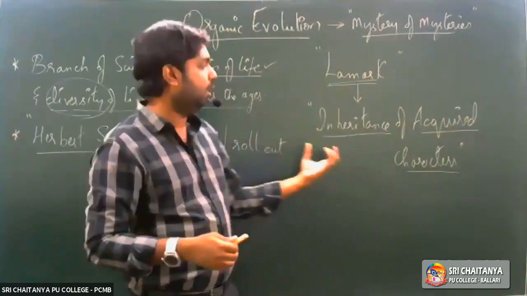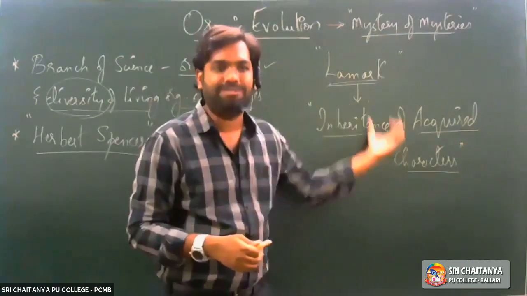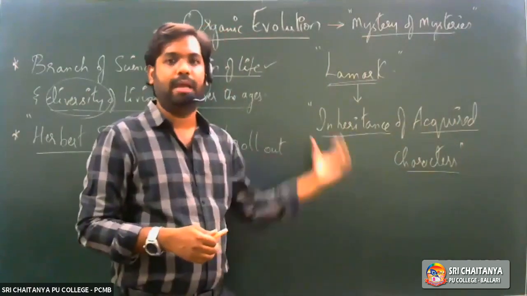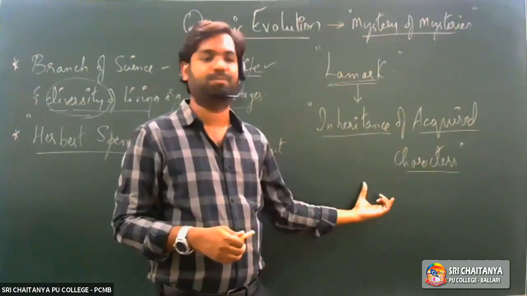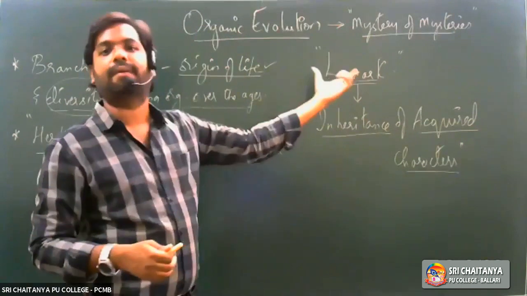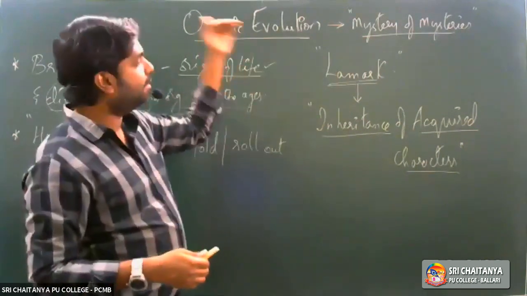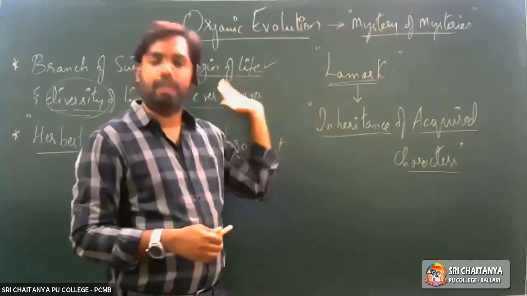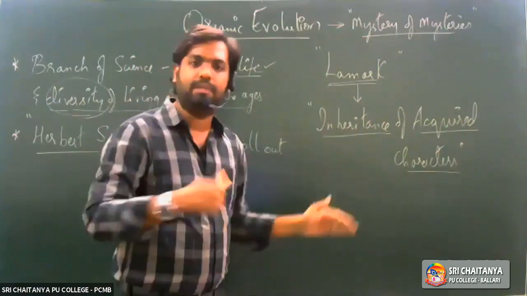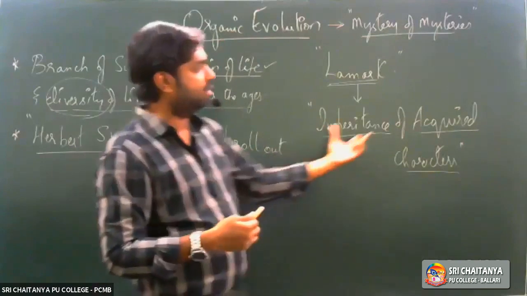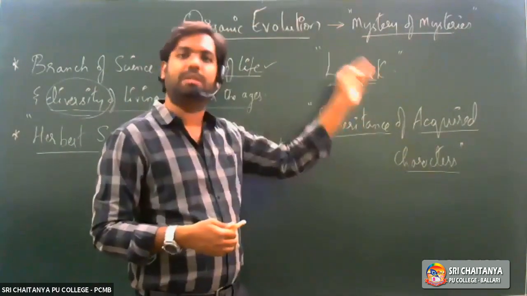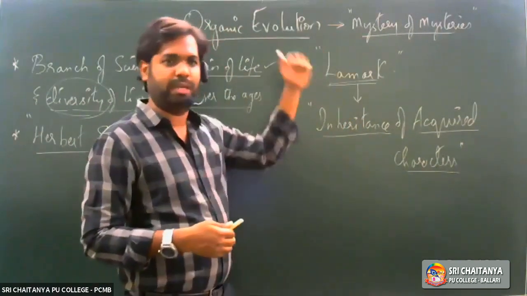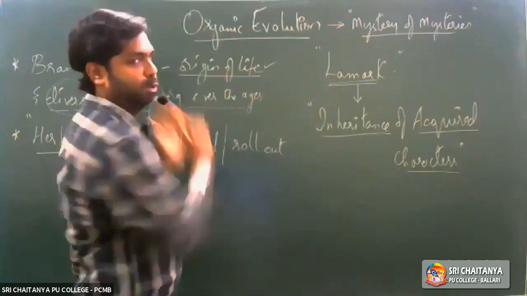That is what we call inheritance of acquired character. This is what Lamarck had said. In later sessions, we'll get into the details when we take up each theory in detail. We are just looking at the overview of evolution.